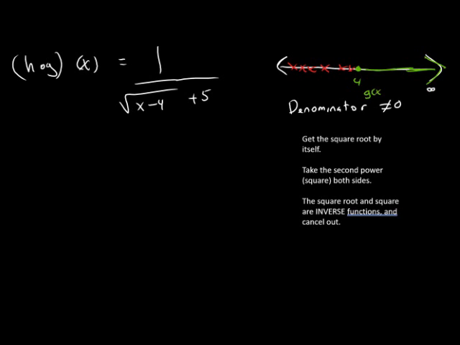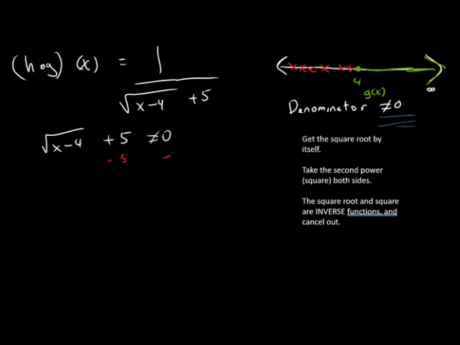However, we can now look at our new composite function and find its domain, keeping in mind that anything to the left of 4 will not be part of the answer. Because our new composite function is a fraction, we have to set that denominator not equal to 0. Therefore, we'll say square root of x minus 4 plus 5 on the outside is not equal to 0.